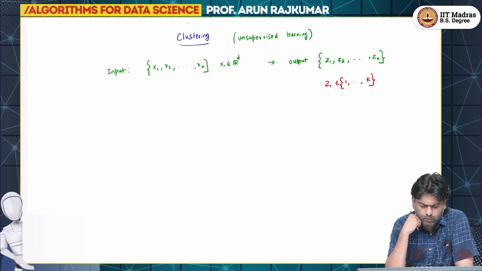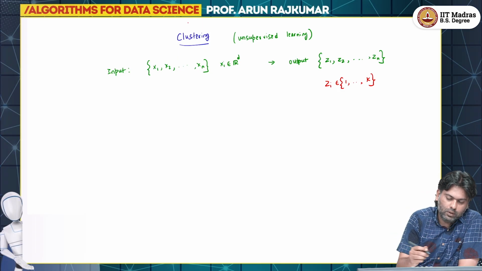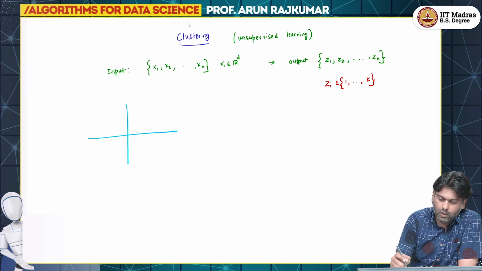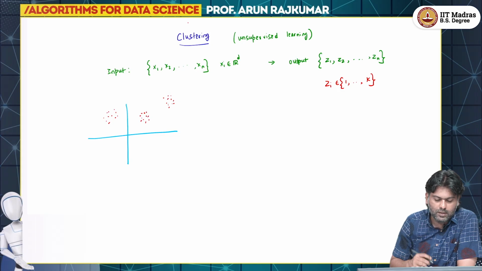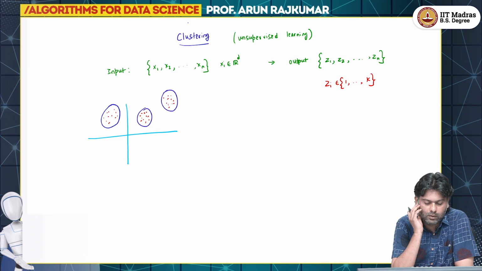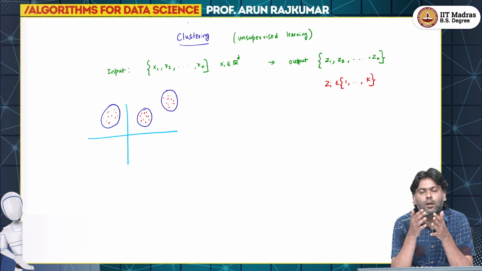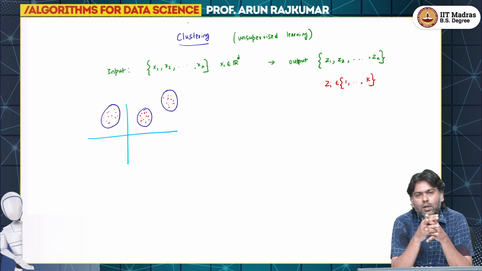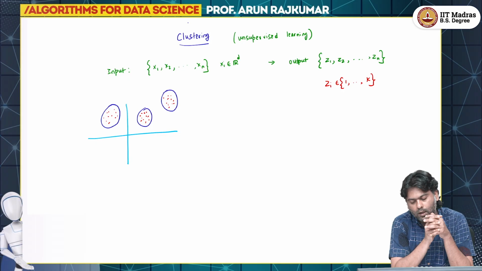Every data point whose corresponding zi equals 5 forms a cluster. So for example, you might have a data set like this, with a bunch of points like this, maybe like this. It can be all over the place, but this is just an example, and intuitively we see that these points should form one cluster, these points should form another cluster, and these points should form a third cluster. In some sense, we are saying points that are close to each other should form a cluster.